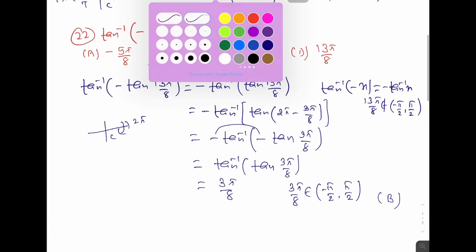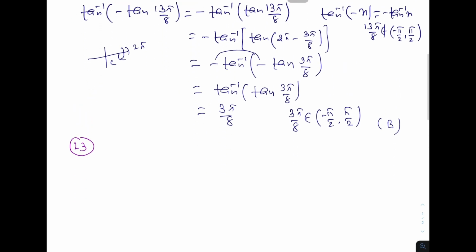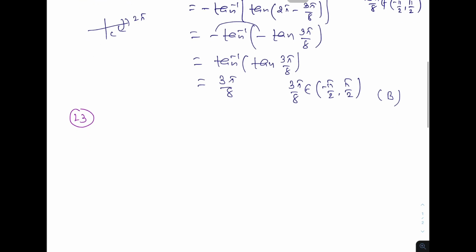Okay, let us take one more. Sine inverse sine of 32 pi by 7 is blank.